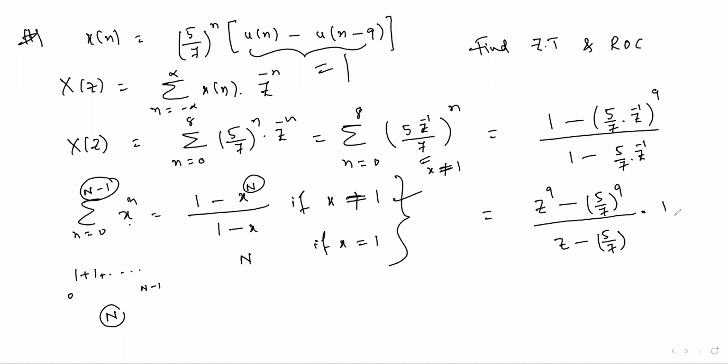So finally, x of z is 1 by z to the power of 8 times z to the power of 9 minus 5 by 7 whole to the power of 9 divided by z minus 5 by 7.